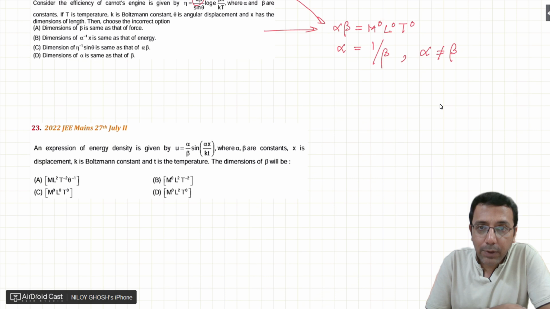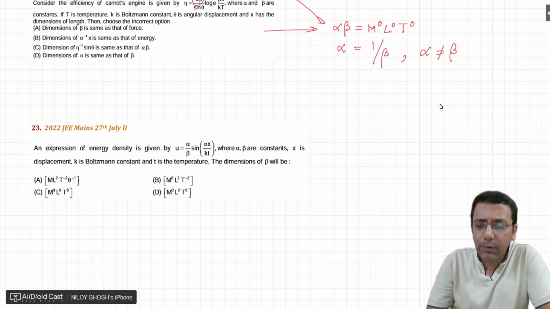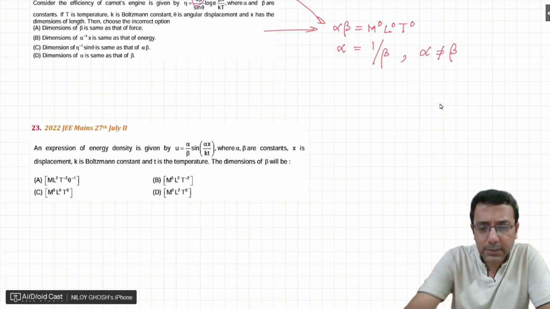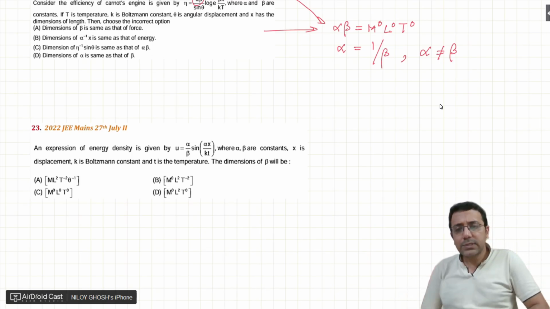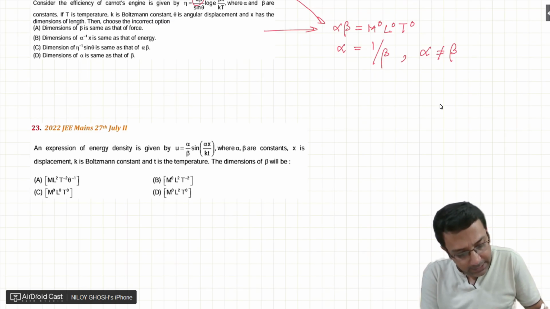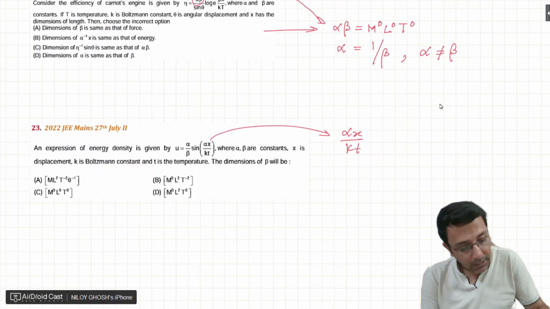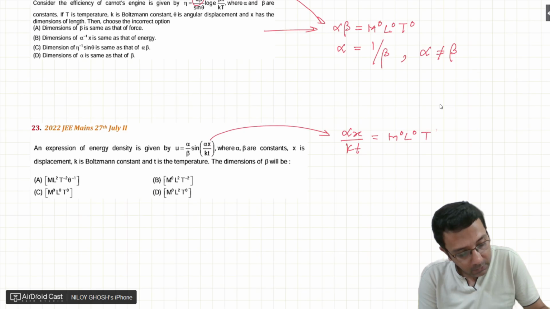What we need to find out? We have to find out the dimensions of beta. So the very similar problem we have already done in the past. So we'll just follow that. So sine alpha x by kt, I can directly write this term to be dimensionless. That is why alpha x by kt, where k is the Boltzmann constant, is dimensionless. So this becomes M0 L0 T0.